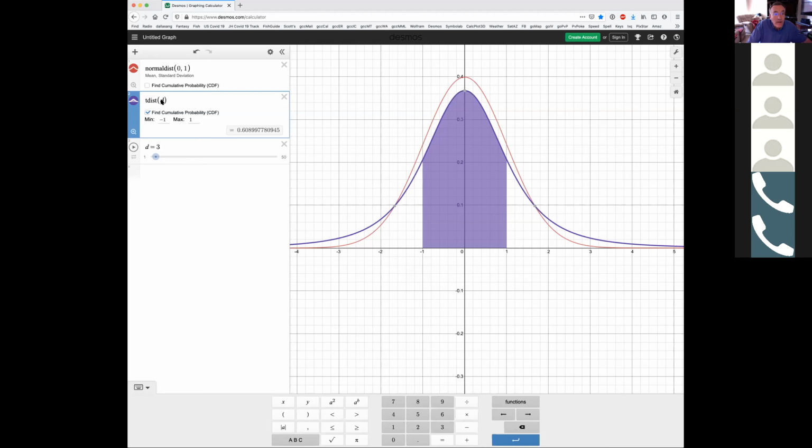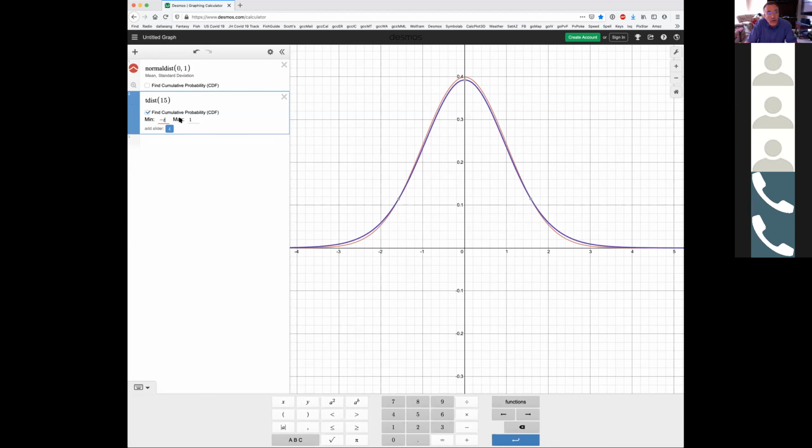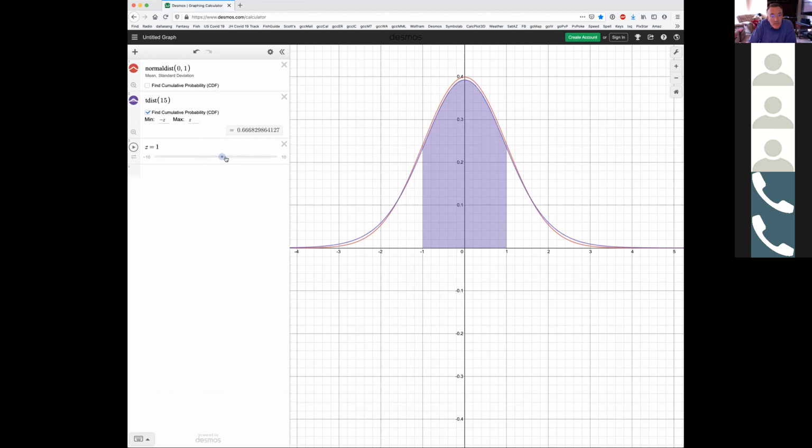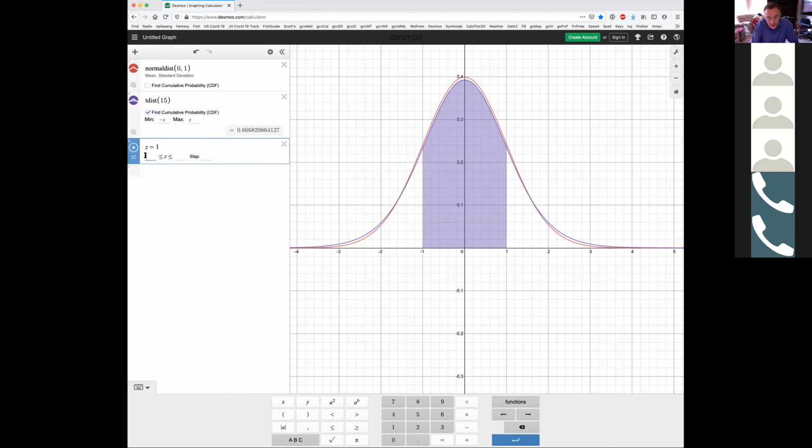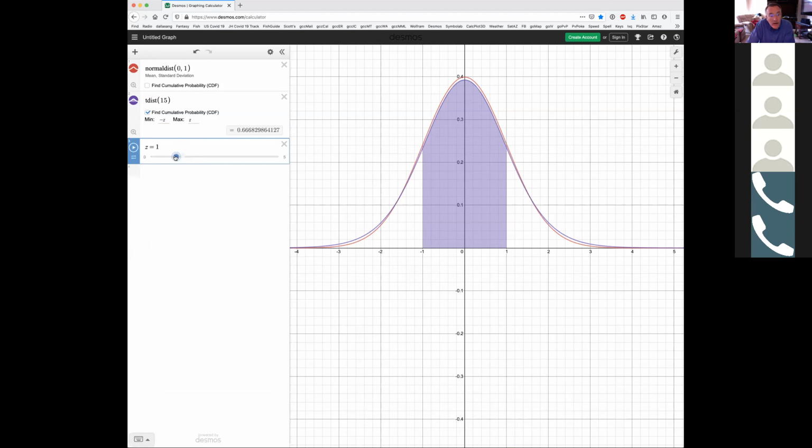So instead of having a slider, I'm going to put the 15 in there. And you'll notice that the purple curve and the red curve are pretty close to the same. If we want to do this the way we did before, we can slide the t around until we get 95%.